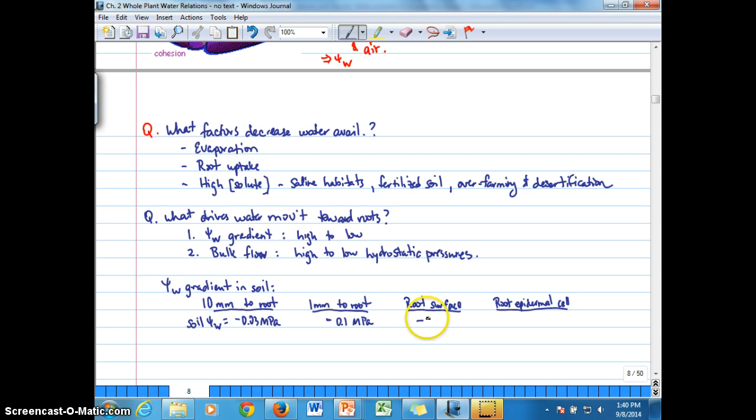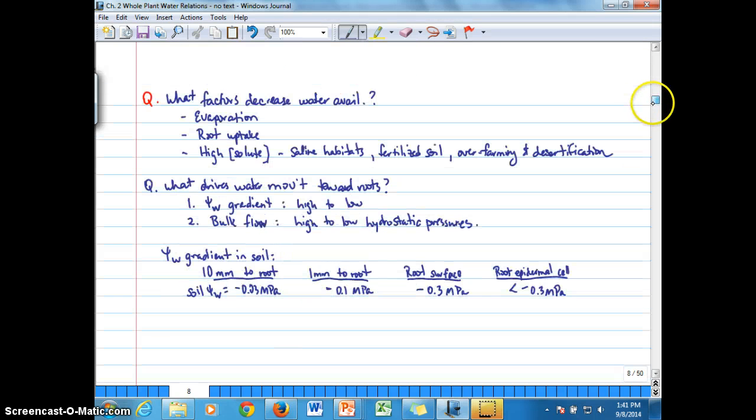Let's say we get close to the surface here, and now we are at negative 3 megapascals, and then we're going to see another drop from the root surface to inside the cell, something less than negative 0.3 megapascals. Remember, the cell can maintain that lower water potential by lowering its osmotic potential, and it does so by actively taking up nutrients. That lowers the mole fraction of water inside the cell, thereby lowering the water potential inside the cell, keeping it lower than in the soil, which maintains the water potential gradient.